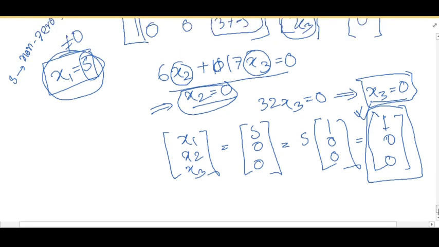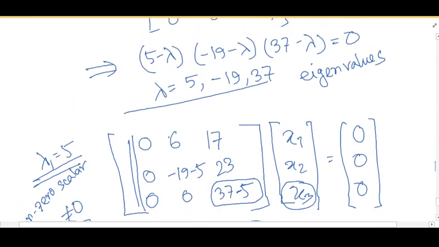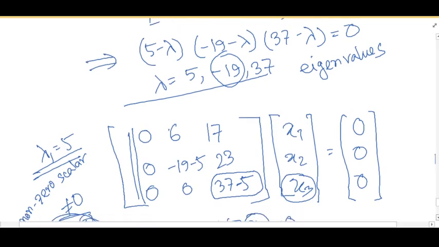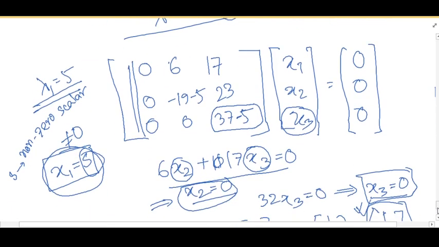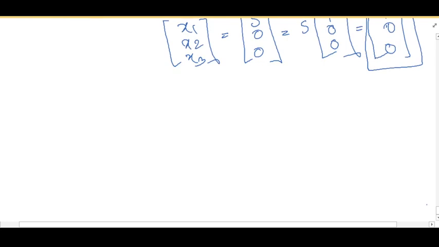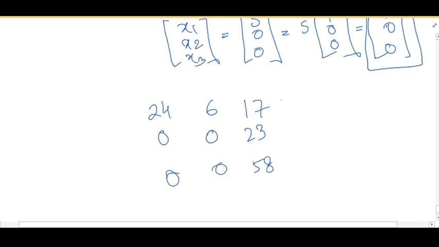Okay, for the next value, minus 19. For minus 19, the matrix will become 24, 6, 17, 0, it will be 0, 23, 0, 0, and this will become 58.